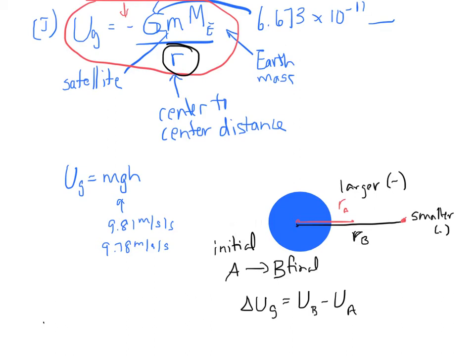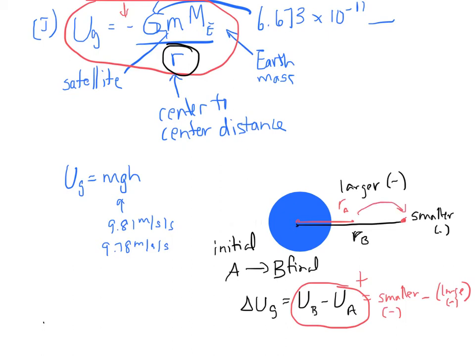So look what happens when I go from A to B. I have a smaller negative number minus a large negative number. So minus a large is like adding it. So this is going to work out to be a positive value. So I'll actually gain gravitational potential energy by going from here to here.